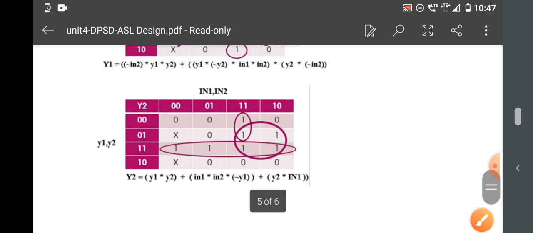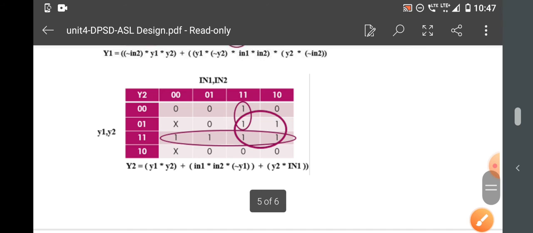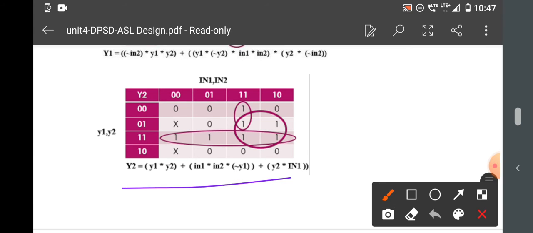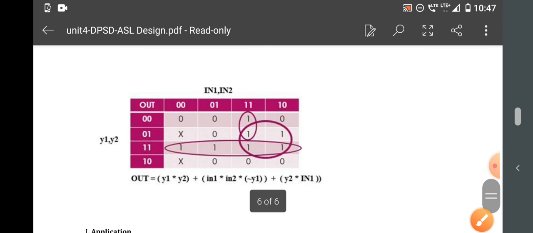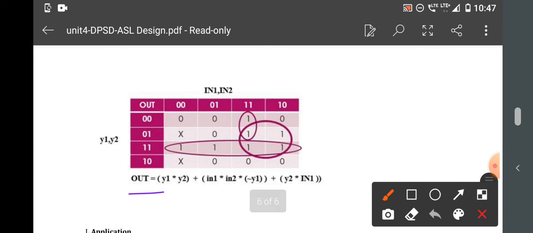This is the equation. Similarly, the second one, two undefined variables and you have marked it. This is the second equation. The second column you have derived. The last column is the output column, so you have derived the output column equation.